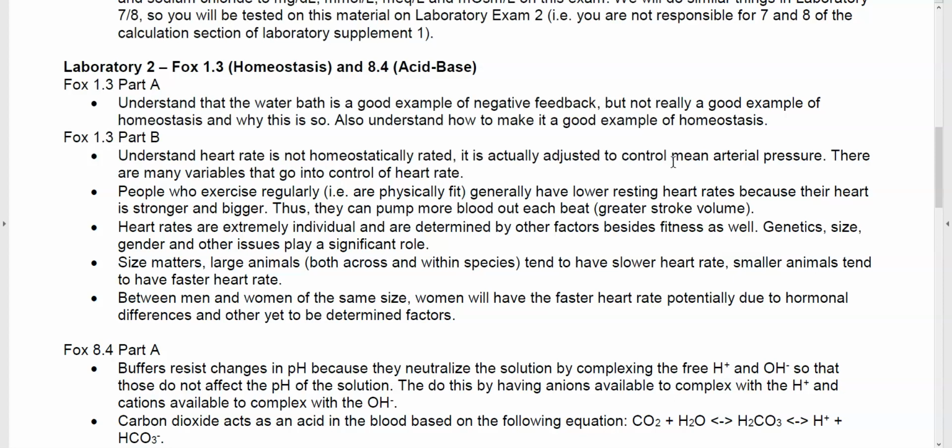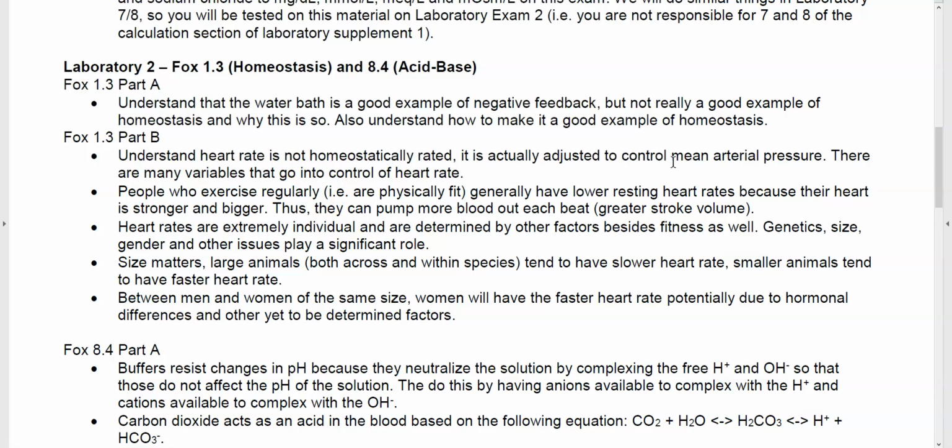You have it set at a certain temperature where when it reaches that temperature, the heater goes off and we measure the temperature, and then we take the average and say, okay, that's the set point. Once we have that set point established, we dump ice water, some sort of cold water, to drop the temperature, and that kicks the heater back on and heats the water back up to the temperature again. And that process is a great example of negative feedback.